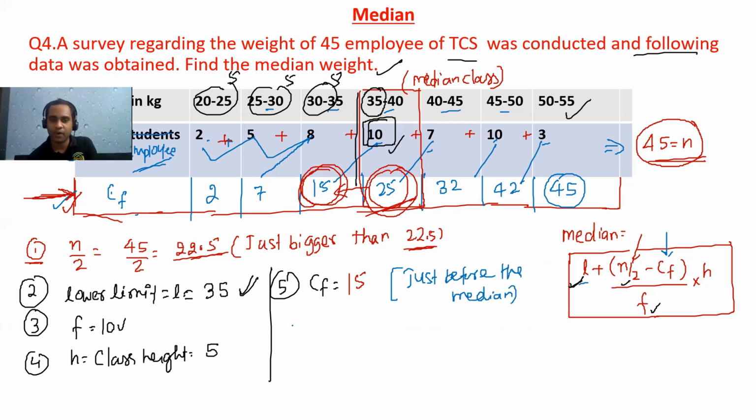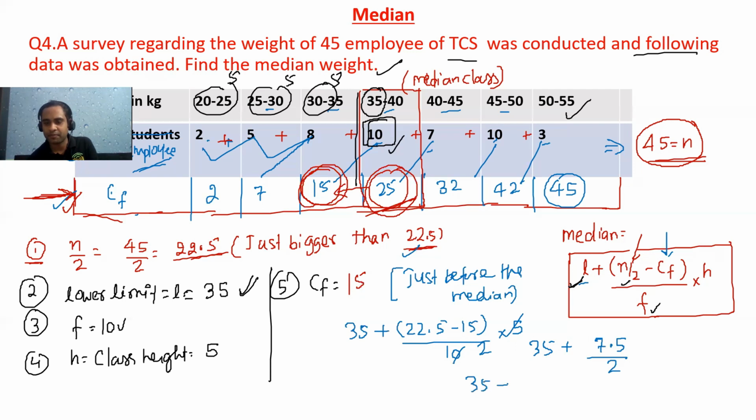Now L, what is L? So the formula is 35 plus N by 2. N by 2 we have got is 22.5. CF is nothing but 15. F is nothing but 10, and H is nothing but 5. So this is 2 times. Then 35 plus, if you subtract, it will be 7.5 divided by 2.